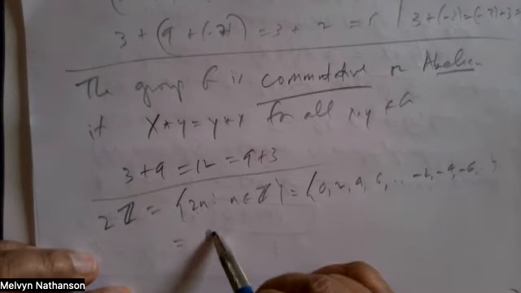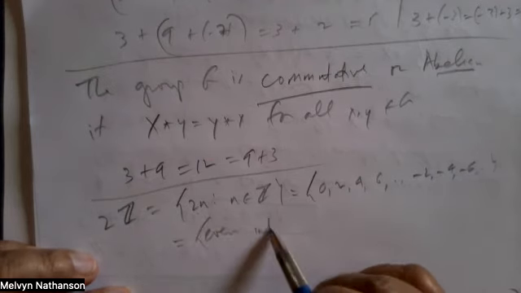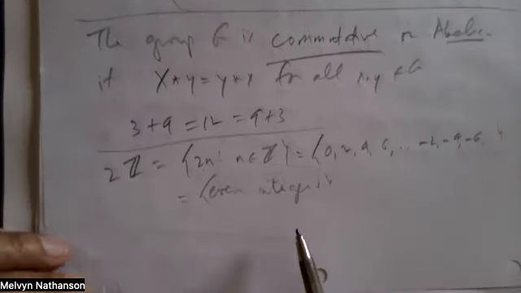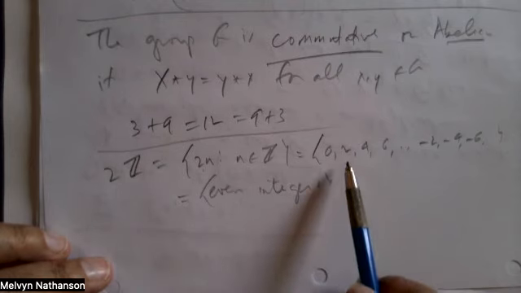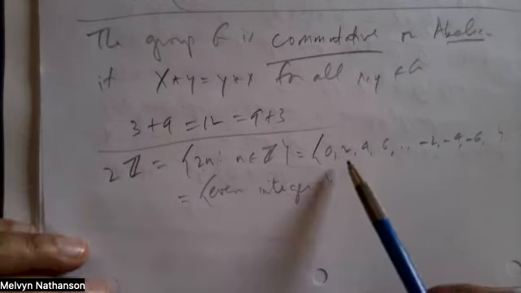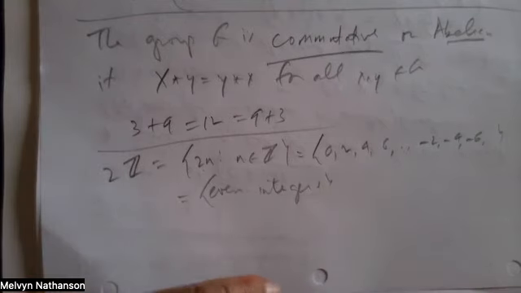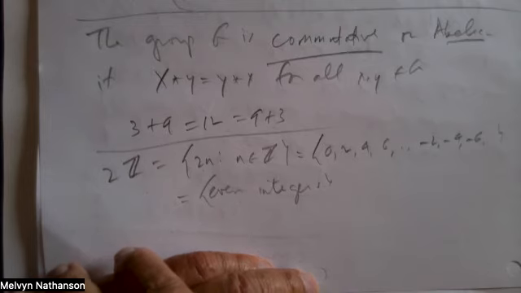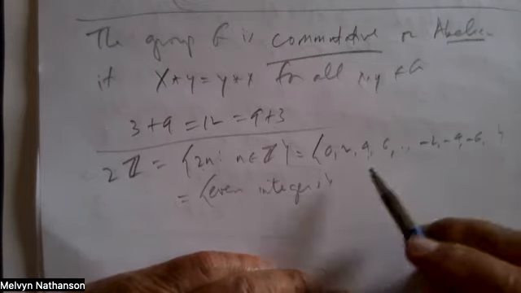This is the set of even integers, and this is also a group. This set all by itself is a group because there's a binary operation: if you add two even integers, you get an even integer, and the negative of an even integer is an even integer.